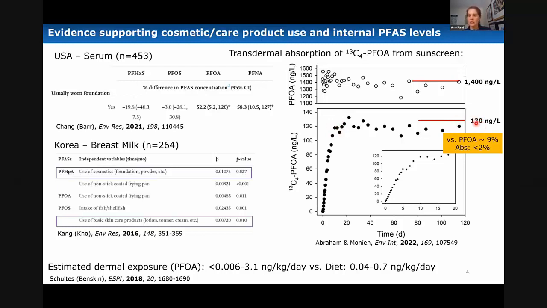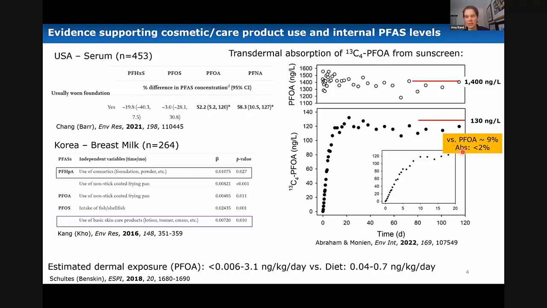And this level represented about 9% of the long-term PFOA level, which counted all sources of PFOA exposure in this person. What's more was that the bioavailability of PFOA through the skin was up to 2%.